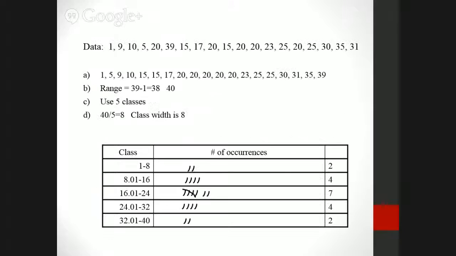Easy way to do this is just to show you. We just have a set of numbers, all right? In fact, I want you to get out a pen and paper.